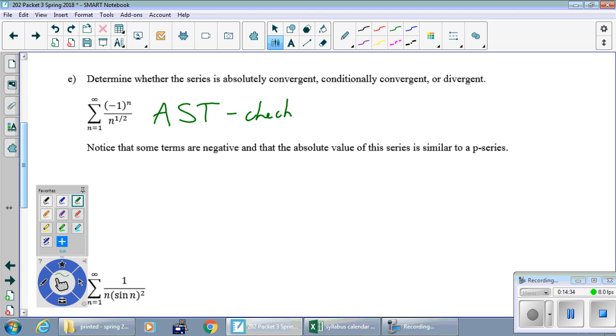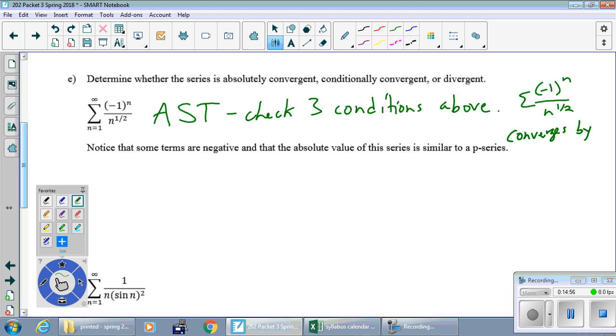I'll just say, check the 3 conditions that we just wrote down above. And in this case, you will again find that all 3 of them are true, which means that this original series converges. So we'll just write that, -1 to the n over n to the 1/2 converges by the alternating series test.